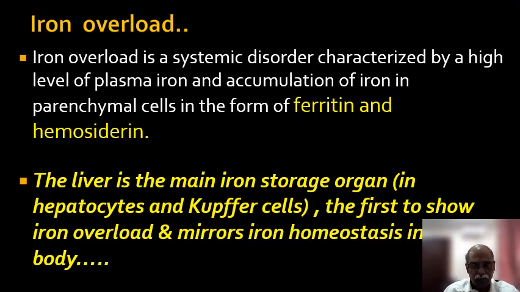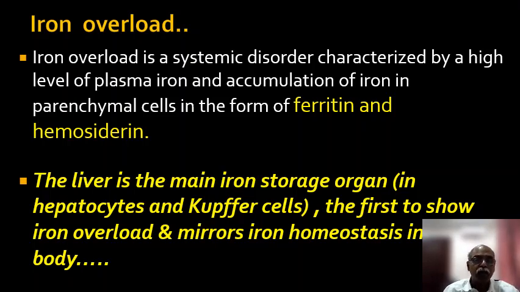In the hepatocytes, it is stored in the form of ferritin, and if ferritin gets saturated, it is stored in the form of hemosiderin. And the greatest advantage and ease of MRI is that the liver is the main iron storage organ, and in the liver it is stored in hepatocytes, and if they get saturated, then it comes to Kupffer cells or the reticuloendothelial system. Number one.